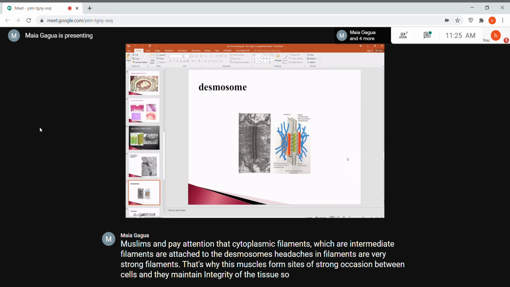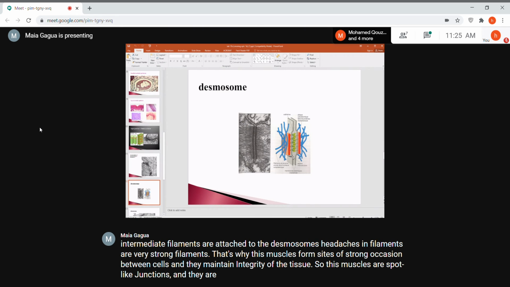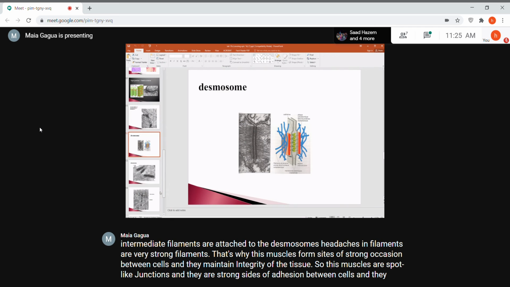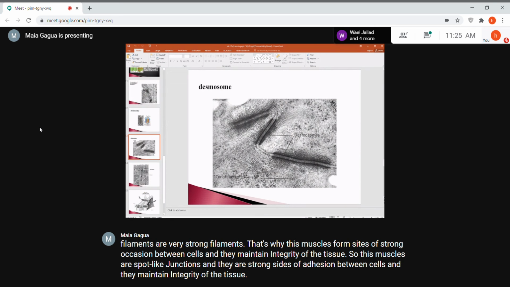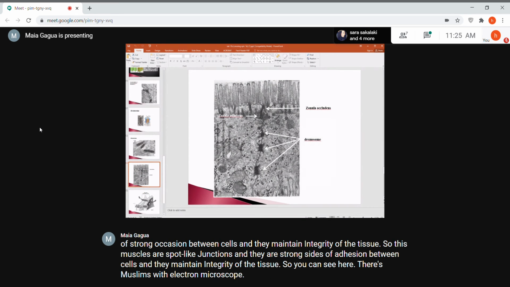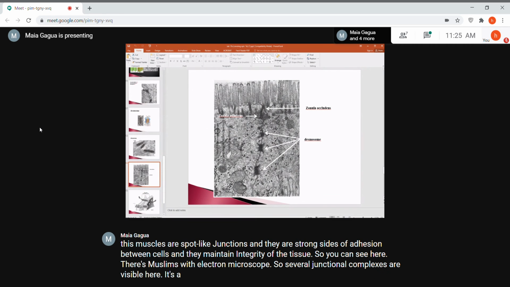So desmosomes are spot-like junctions, and they are strong sites of adhesion between cells, and they maintain integrity of the tissue. So you can see here desmosomes with electron microscope. So several junctional complexes are visible here at the lateral surface of the cell.